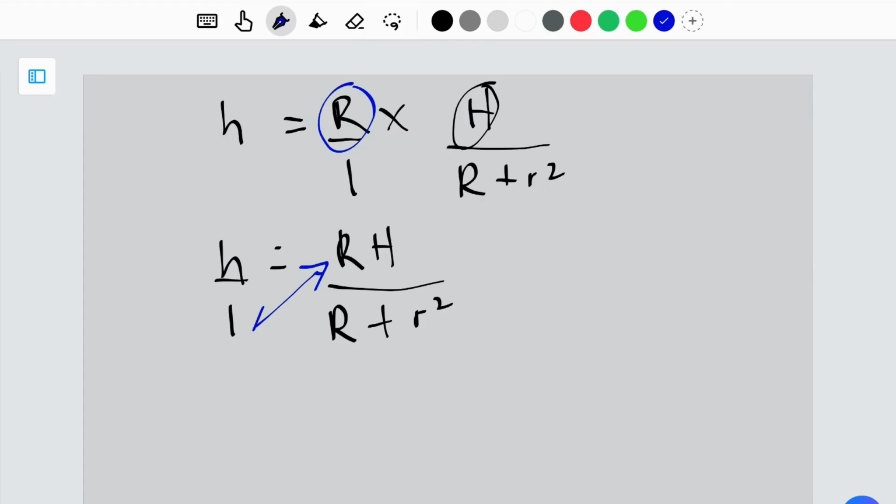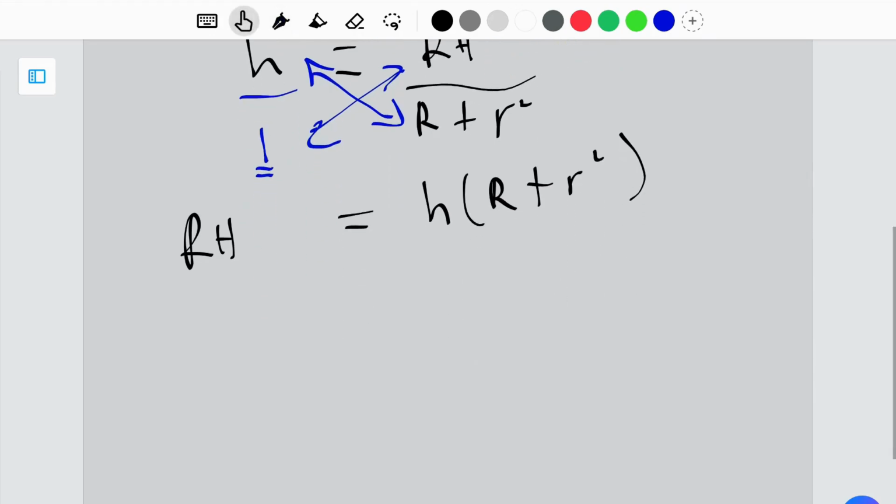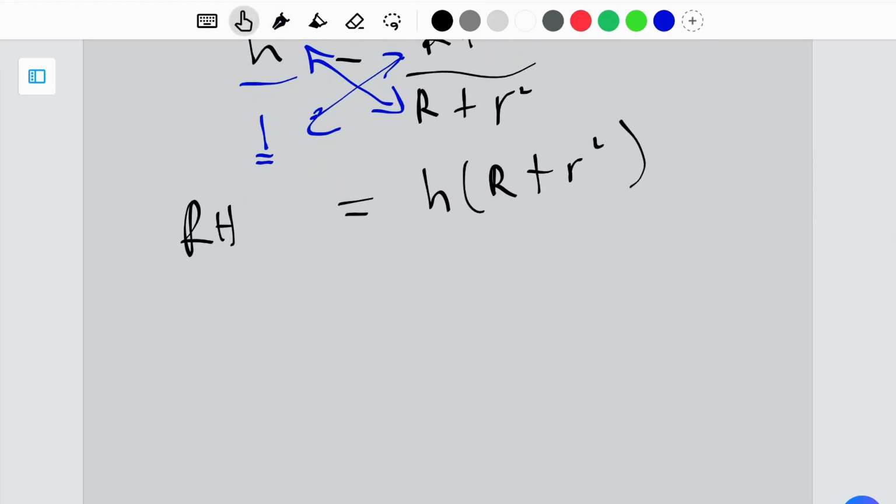So we can say 1 times RH, and we put that on the left hand side: RH. On the other side we have H times R plus R squared. You'll see this gives a much easier answer where we didn't have to do any sign changes.